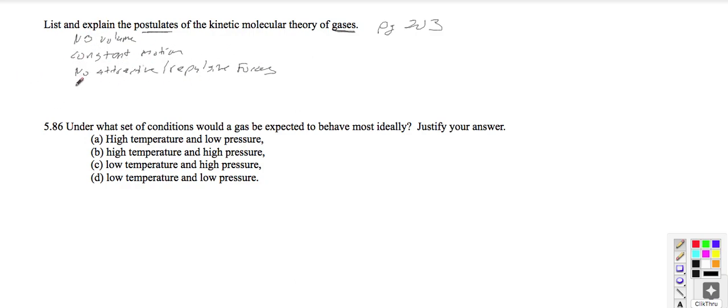One that's not in the book that I'm going to put on here is that the collisions are perfectly elastic. This means that when gas particles collide with either each other or the walls of the container or something like that, they don't lose any of their energy.